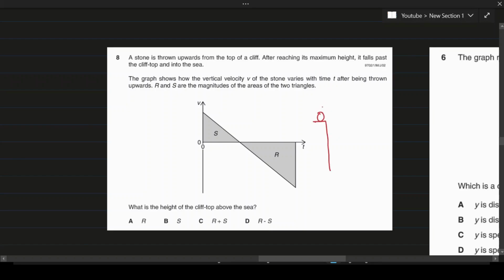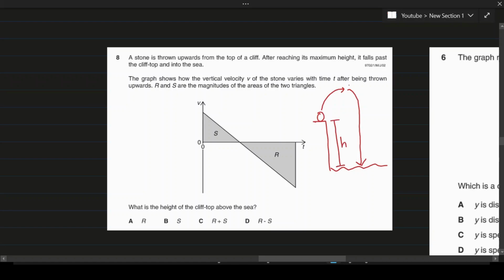After reaching its maximum height, the stone falls past the top of the cliff into the sea. This is the sea. The graph shows how the vertical velocity of the stone varies after being thrown, and R is the magnitude of the areas of the two triangles. What is the height of the cliff top above the sea? So we need to find this height.